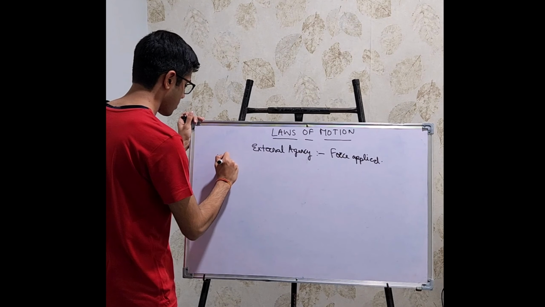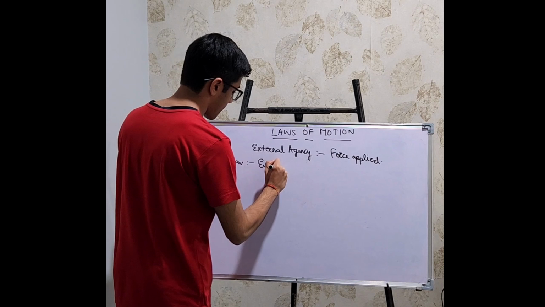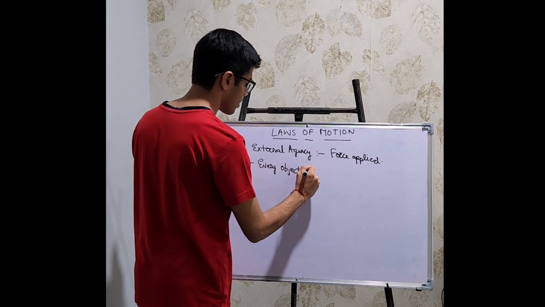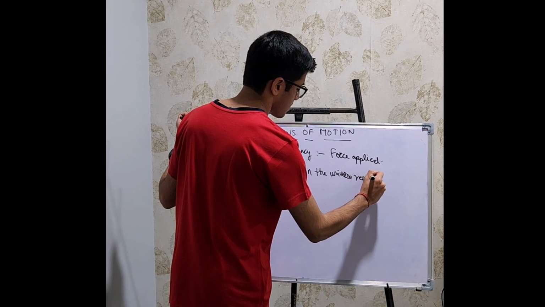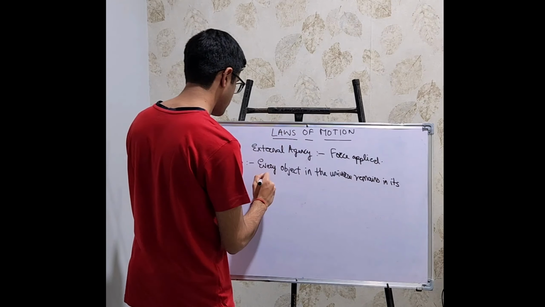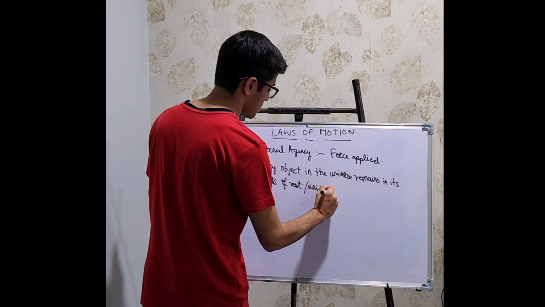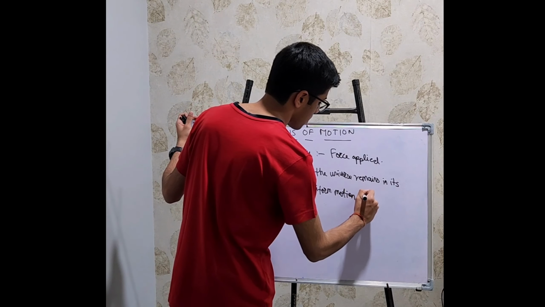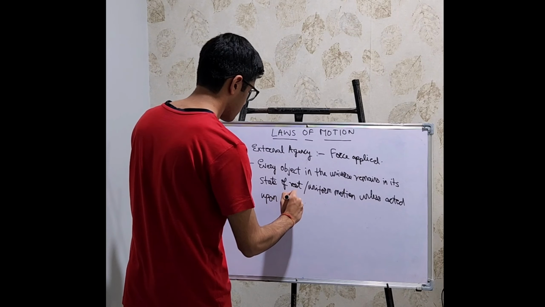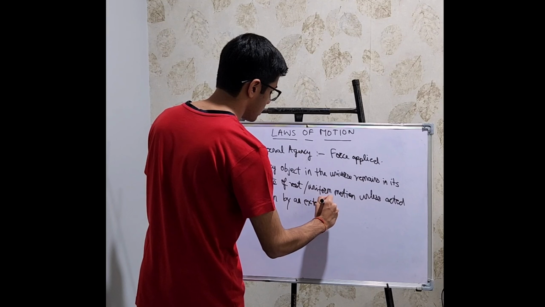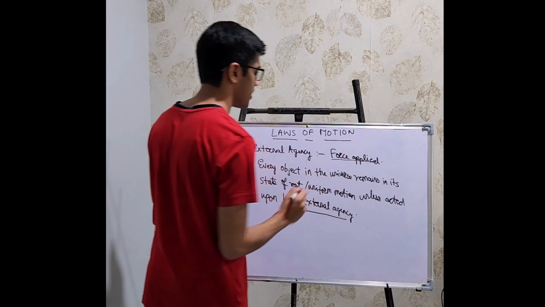I'll write down the law also here. Every object in the universe remains in a state of rest or uniform motion unless acted upon by an external agency, and this external agency is nothing but the force applied.